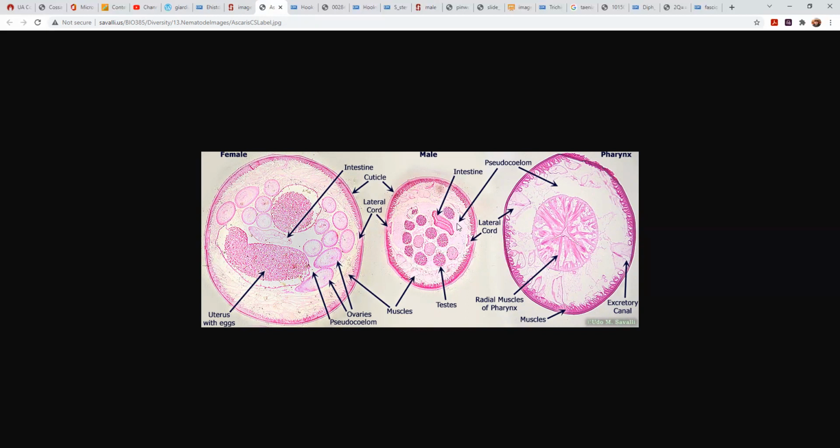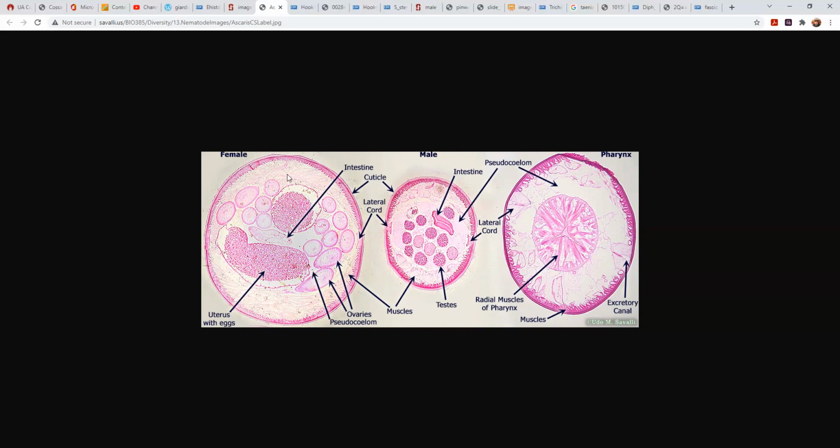In both of these, you'll notice what we call the pseudocoelom. So Ascaris, the roundworms, don't have a true body cavity. A coelom refers to a body cavity. That's why theirs is called a pseudo, or false, coelom, because it has the appearance of a complete body cavity that's going to enclose and encircle these internal organs, but it doesn't really seal them off.